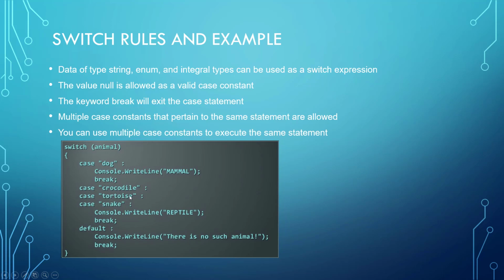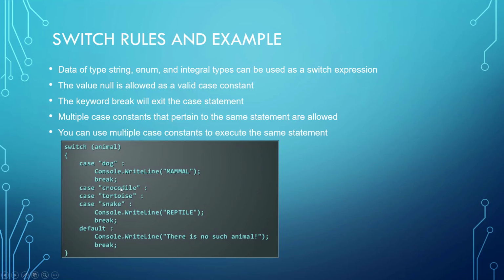When you go in here, there's no statement to execute. So what it does is it falls through to snake and then gets to the statement, which is console.writeLine. So we would see reptile show up on the screen, and then a break statement is found, which would prevent it from ever executing default because it would break out of the switch statement completely.